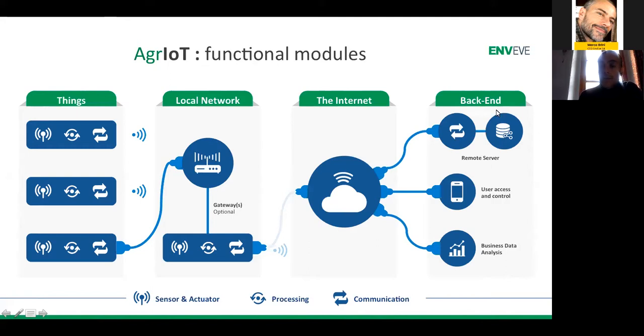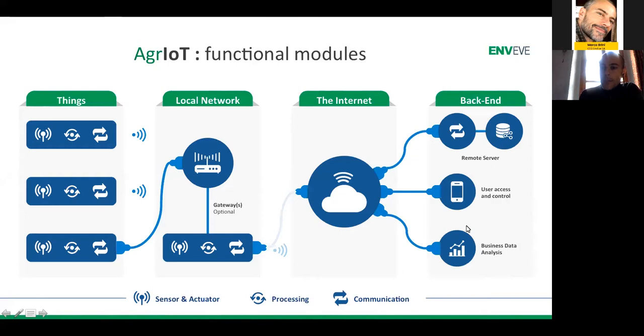Finally, you have some server which is processing this information, taking care of aggregating it, providing an easy view of it, and eventually doing some automatic calculation, applying agronomic models and supporting decision making.